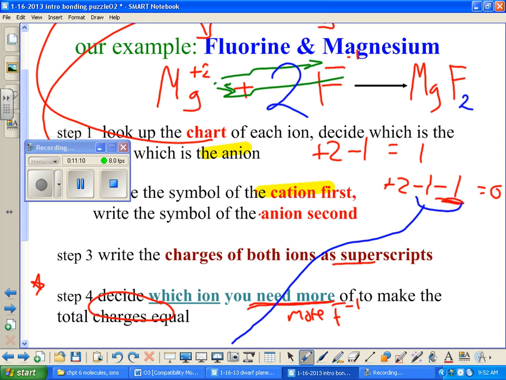And there are no charges up here. Why are there no charges? Because it's now neutral. There's nobody wanting to give away, there's nobody wanting to take. They wipe each other out. That's your final answer.